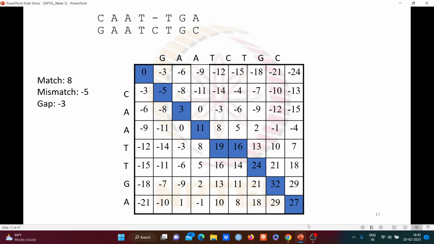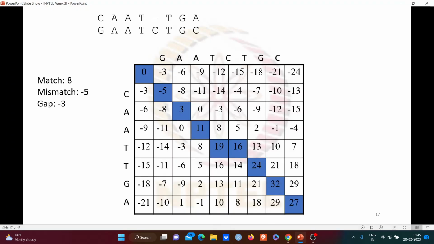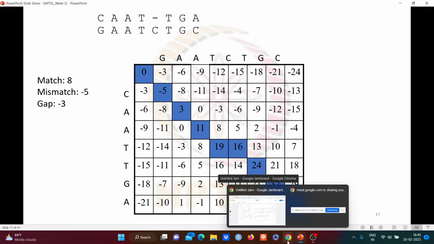No, the answer won't be 13, because it's always a gap.